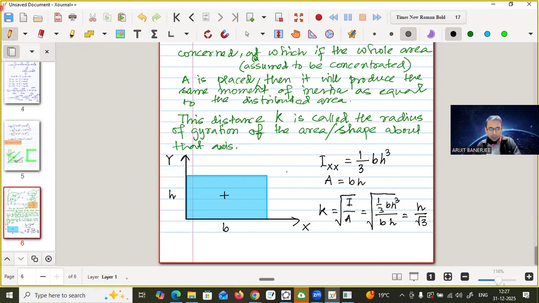So, where is that? Can you tell? What is the centroid distance? It is H by 2, isn't it? So, where is H by root 3? Which one is more, H by 2 or H by root 3?